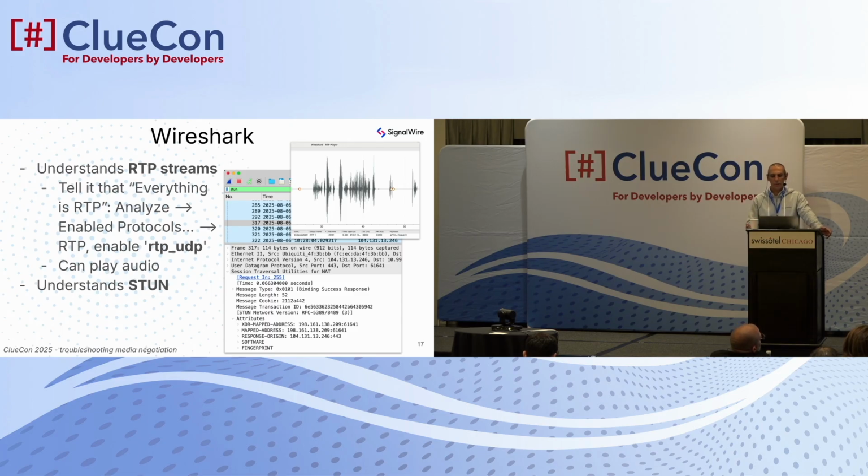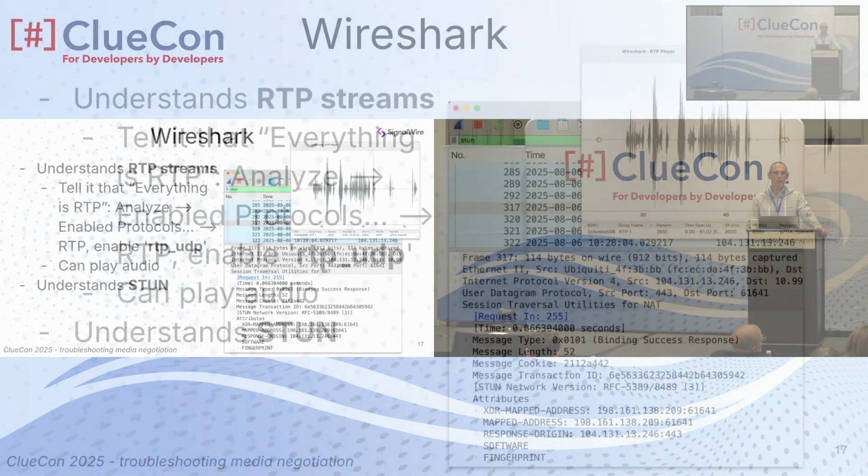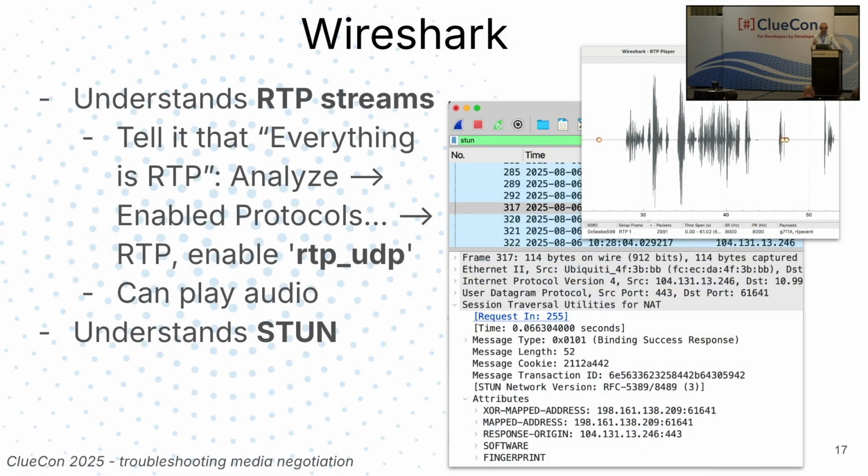So Wireshark, as I mentioned, is a free tool and understands a lot of what's happening in the network. It has the concept of RTP streams. You can even tell it to try to interpret everything that you see as UDP, and as if it was RTP, and it does a very good job. Typically Wireshark looks into the SIP signaling and looks into the port and understands which of the UDP packets are RTP based on that.